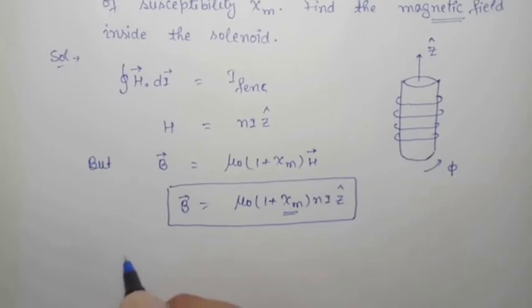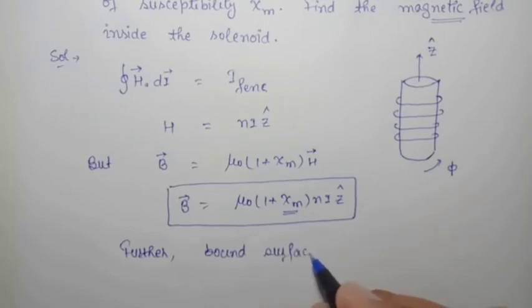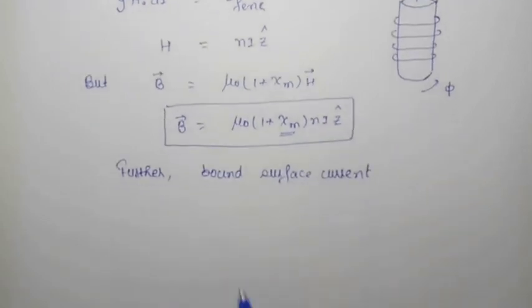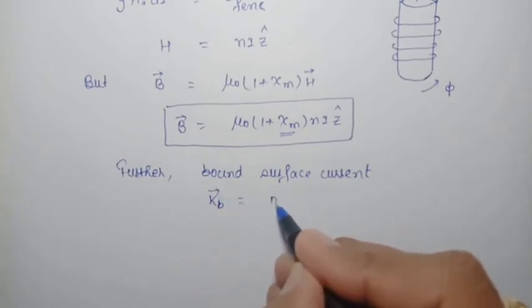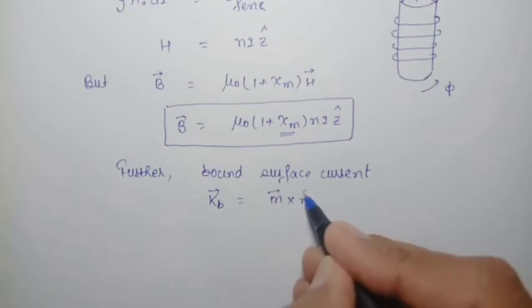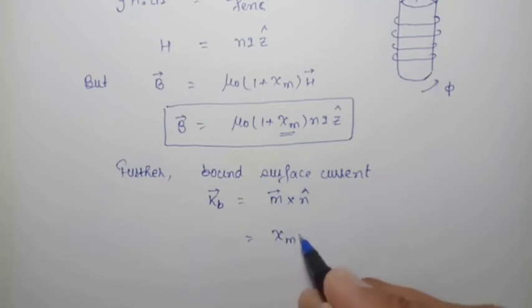Further, we have the bound surface current. In the case of bound surface current, we know the basic formula, K_B equals M cross n cap. So M we can write like this, that is chi m H cross n cap.